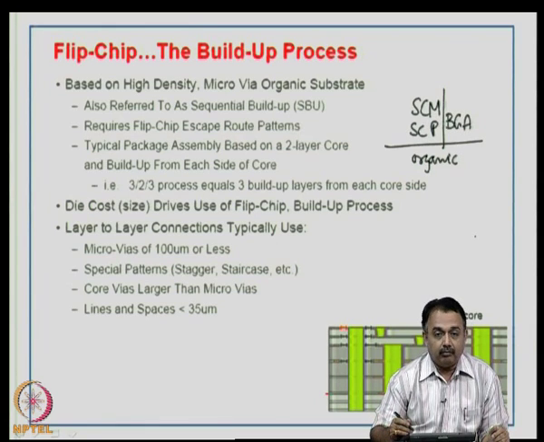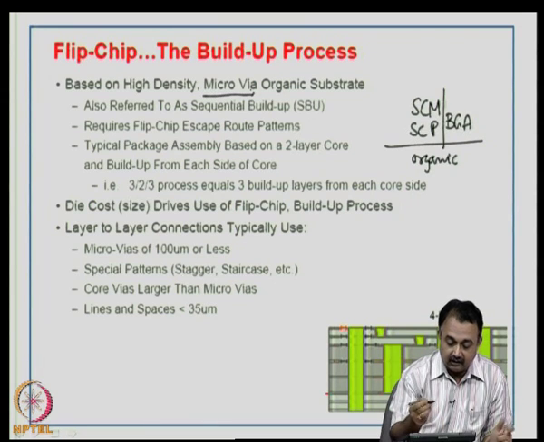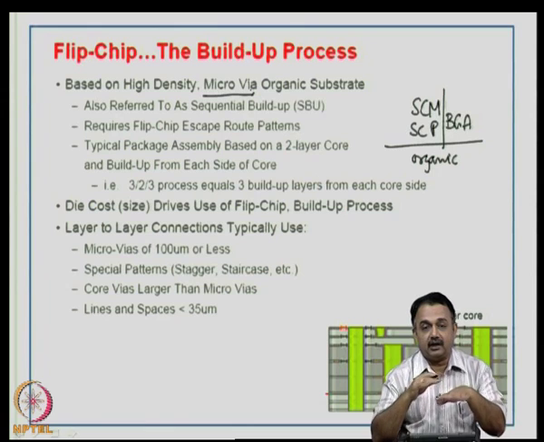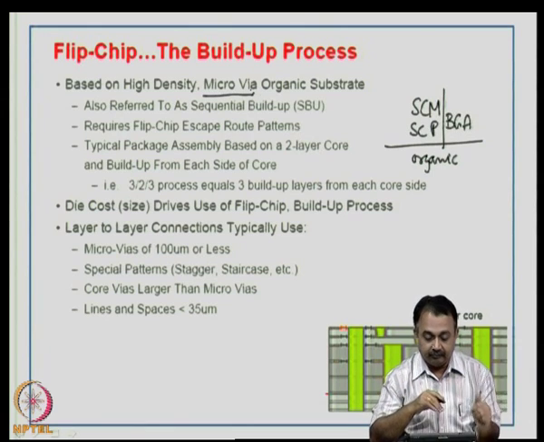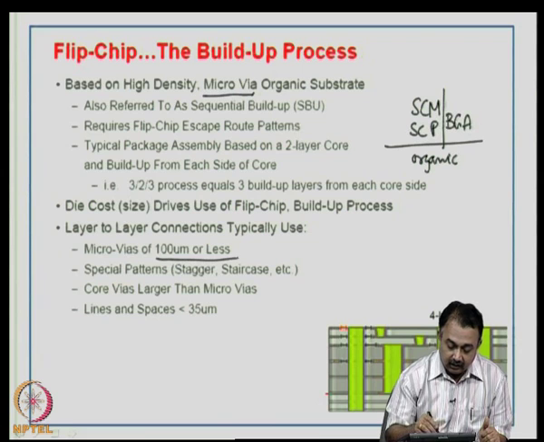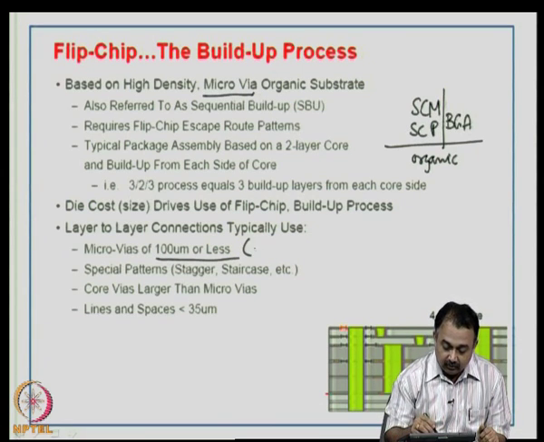So, you will use micro via organic substrates. The term micro via basically means, as the name indicates, smaller dimensions of via structures which connect one conductive layer to the other. When we say micro via, here the order is 100 micron or less. Today's technology allows us to go up to 50 microns.